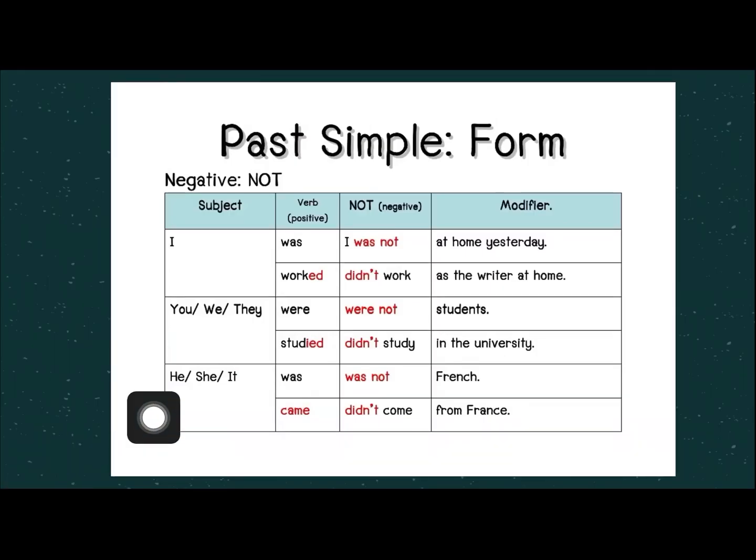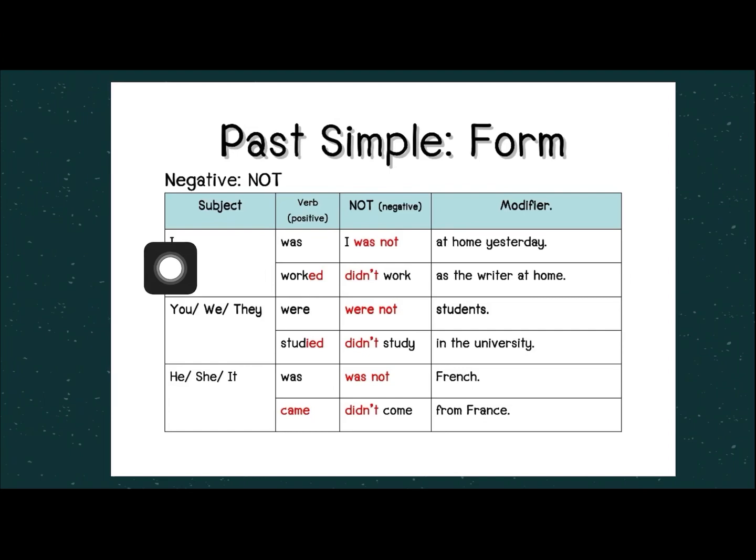For example, we have to use a specific form, a specific structure in order to write or to create sentences in past simple. In the first person, I was or I wasn't, in a negative. I was at home yesterday. Or in a negative, I wasn't at home yesterday.